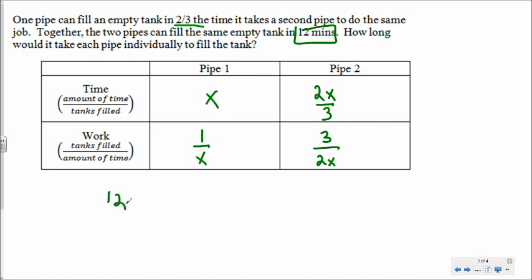So 12 minutes times their combined tank filling per minute. So x fills 1 over x of the tank per minute plus the 3 over 2x of the tank that gets filled by the second pipe is the total amount of the tank that gets filled per unit time, times the amount of time should equal the number of tanks filled.